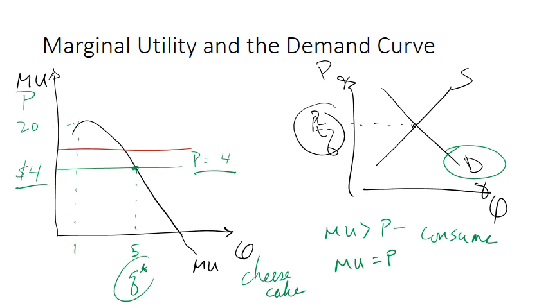With a higher price, we actually would back off and only request a smaller amount of cheesecake. Of course, price is rising, and us deciding to consume less cheesecake is essentially the law of demand. If price goes up, quantity demanded is supposed to go down.